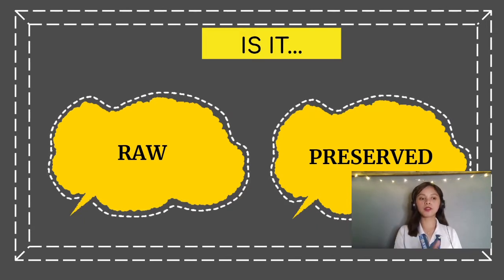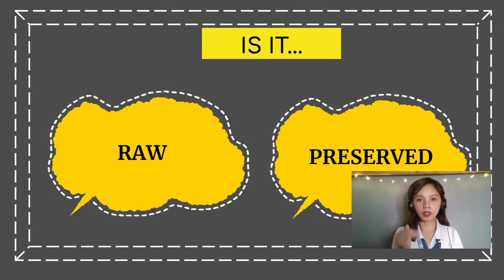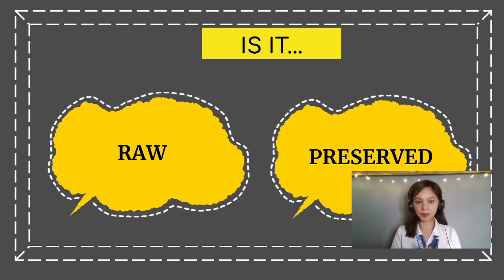Whoever's name comes to my screen first, I'm going to call, and he or she is going to answer if that picture is raw or preserved. If he or she gets it correct, I'm going to give a prize of 10 peso load. You're just going to PM me your numbers after our class. Are we clear with this game? Yes, okay, let us now start.